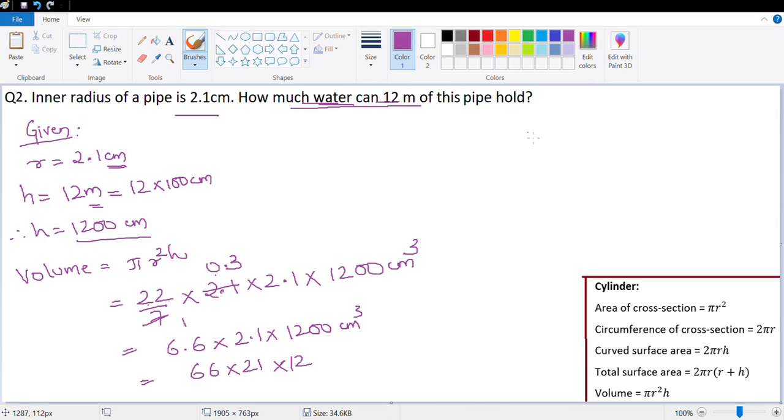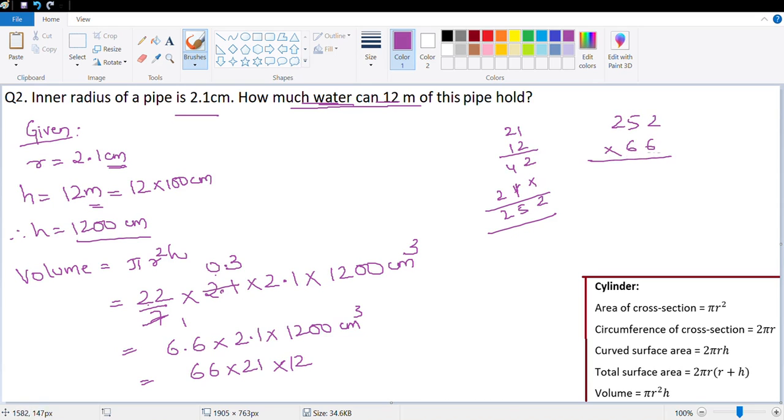Let's do this calculation. So this is 21 into 12, which is 252. So this is 252 multiplied with 66.